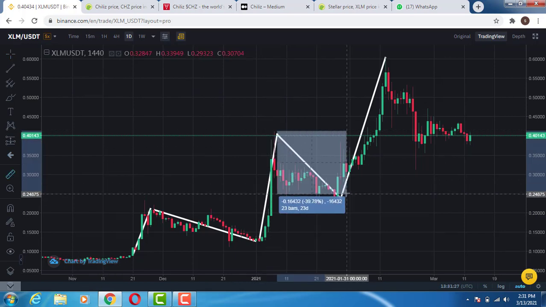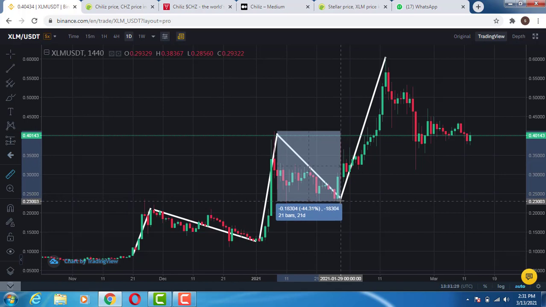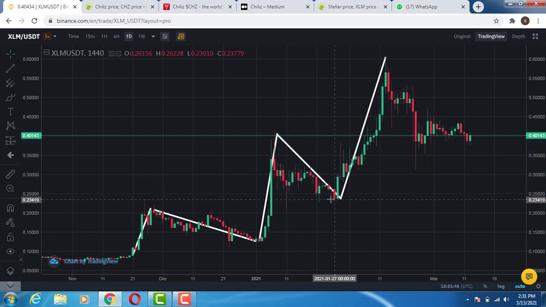I want to show you that here right now. You see here it retraced about 44% of the original move. Very important. So this is just about a 20 to 25% retracement on this very impulsive move. After then we see the market move right up.